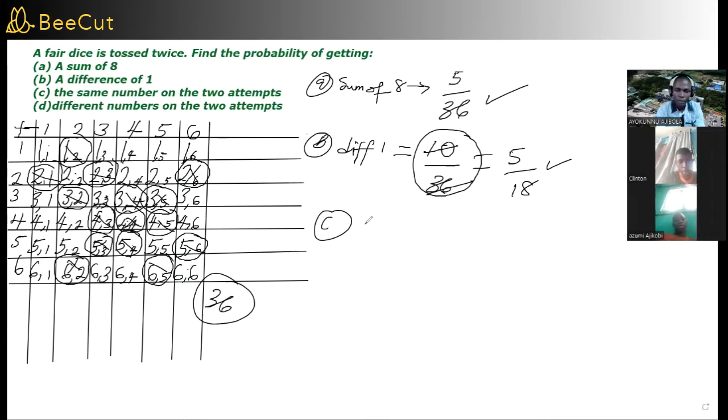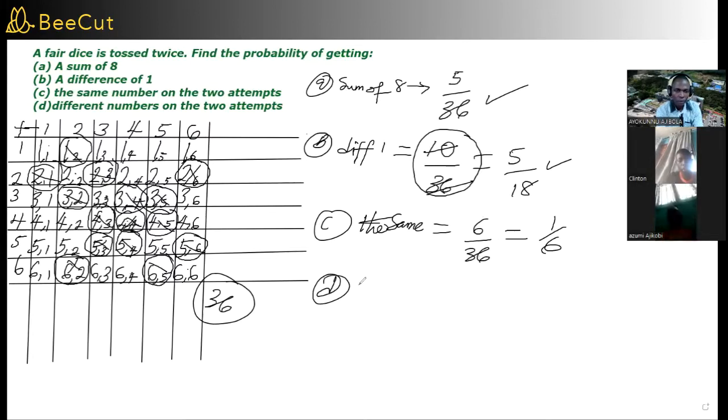So the probability of getting the same number is equal to 6 over 36, very good. And that will be 1 over 6, because 6 here is 1, 6 here is 6. Okay?